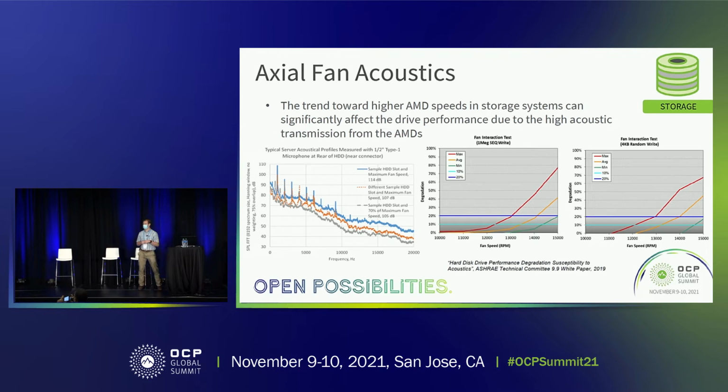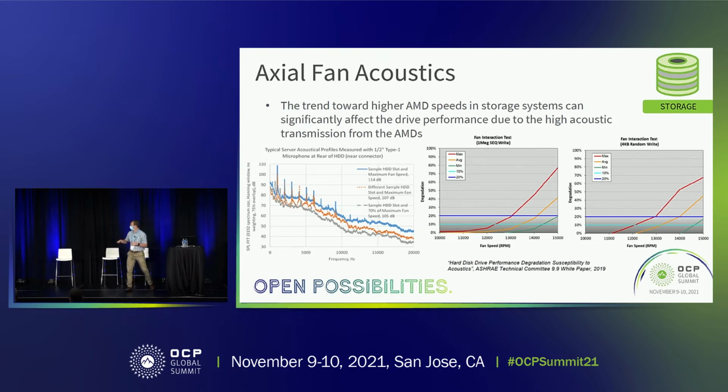The top 2 plots are for 2 different locations in the back row of an enclosure with the fans at maximum speed. And then the bottom line is for one of those same slots, but the fan is at 70%. You can see that that acoustic plot has dropped quite a bit. It's 10 dBs or so, just by reducing the fan speeds.